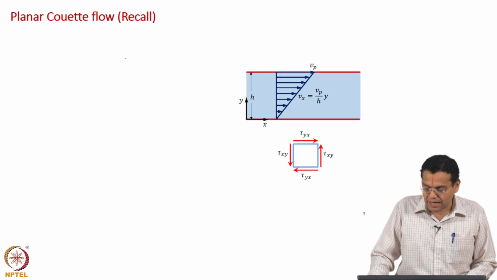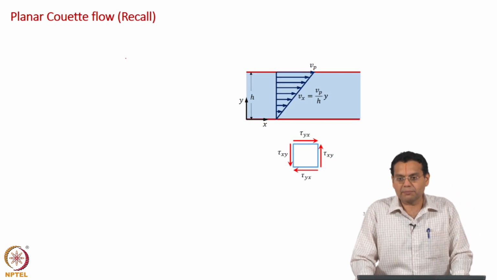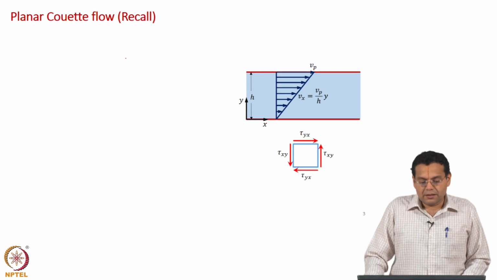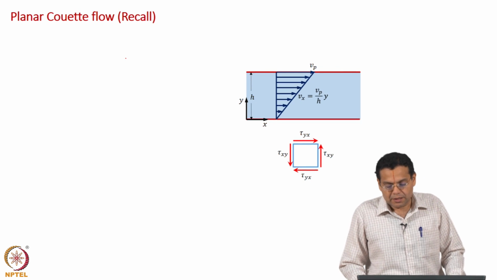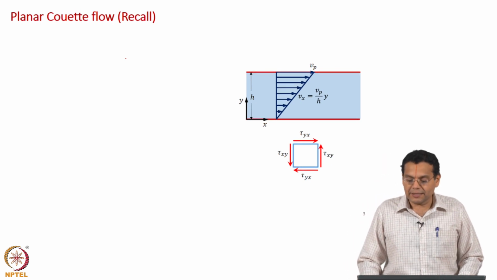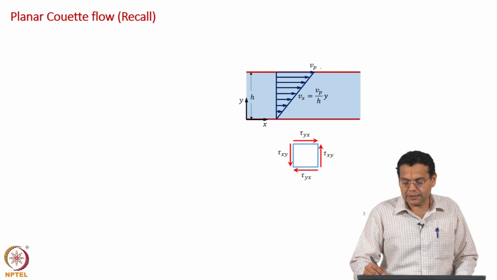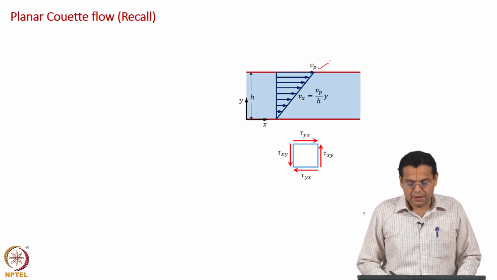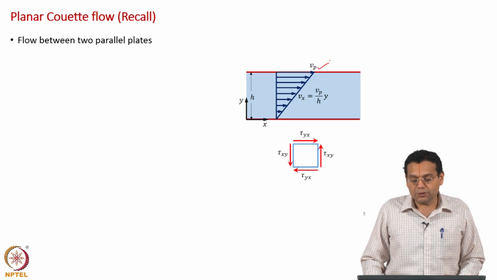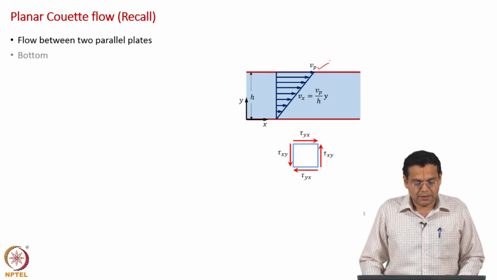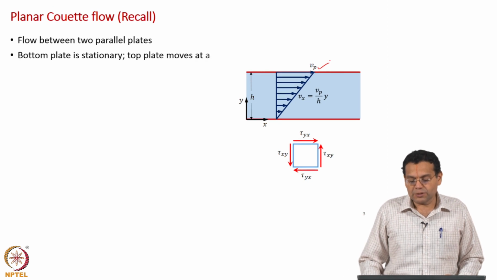Okay. Let us start with our well known example. So, just a recall. We will start with a planar Couette flow between two parallel plates and the top plate is set in motion. So, let us quickly recall flow between two parallel plates, bottom plate is stationary, top plate moves at a constant velocity V_p.